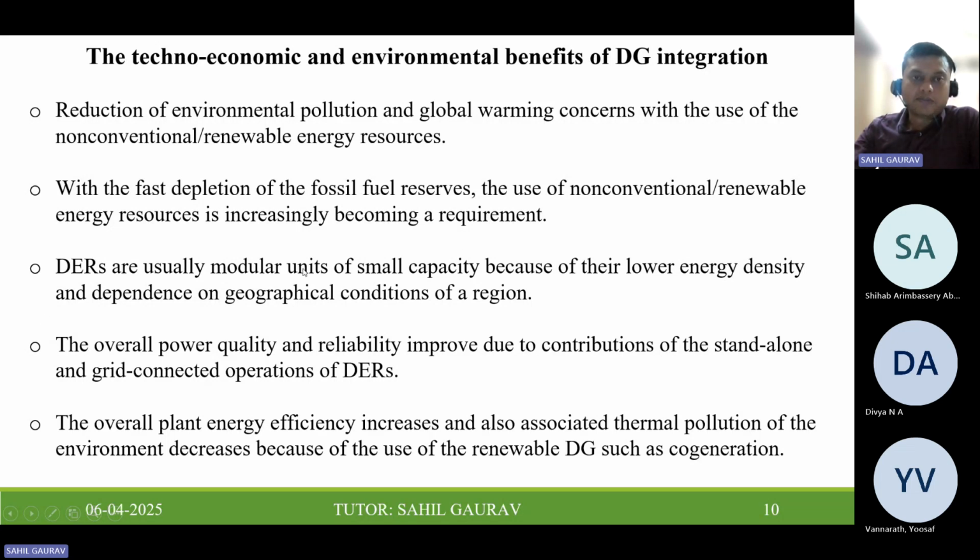And DERs are usually modular units of small capacity because of their lower energy density, and the dependence on geographical conditions of a region.